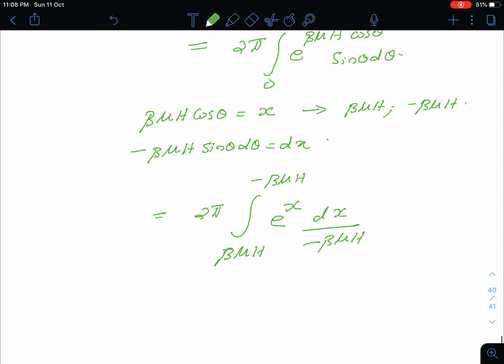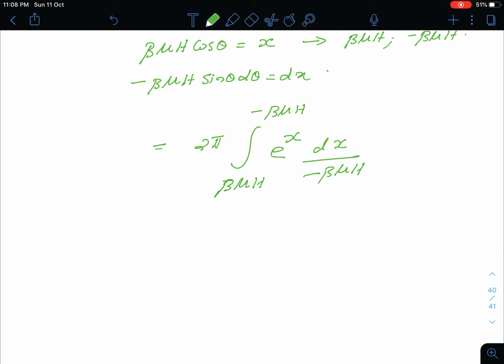So the minus beta mu h can be taken out. So minus 2 pi divided by beta mu h integral from beta mu h to minus beta mu h of e^x dx.